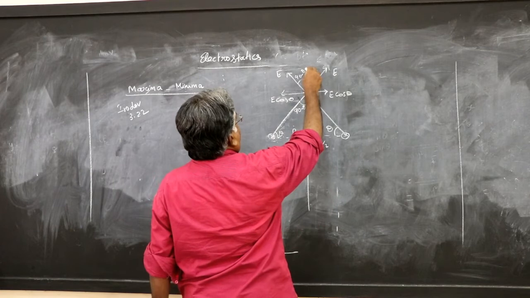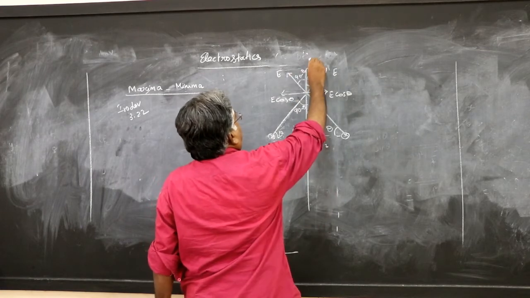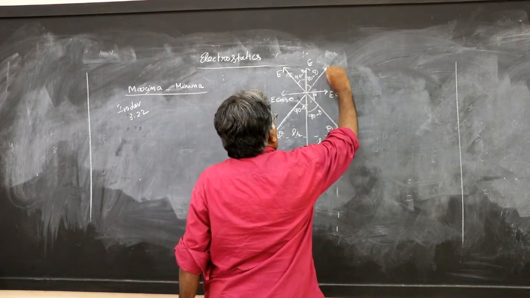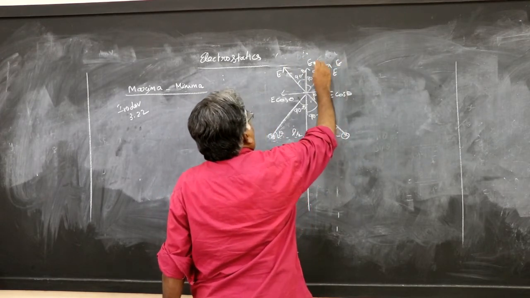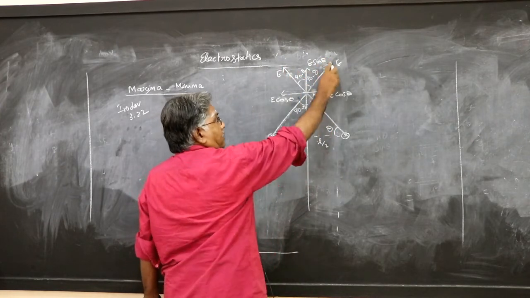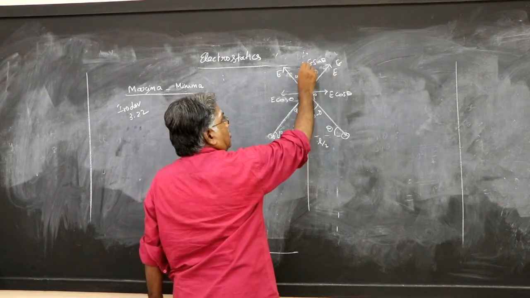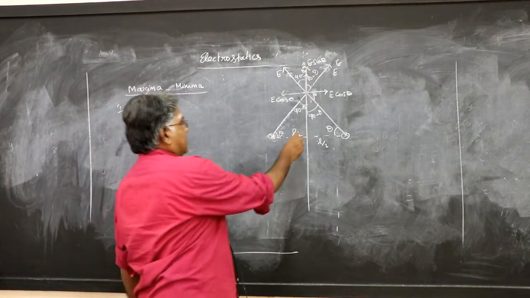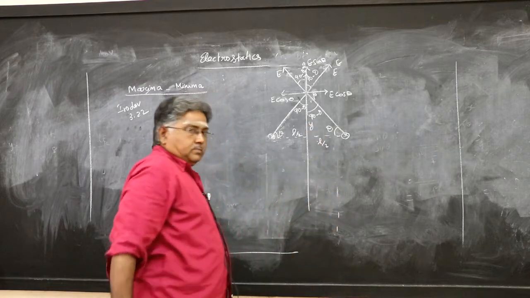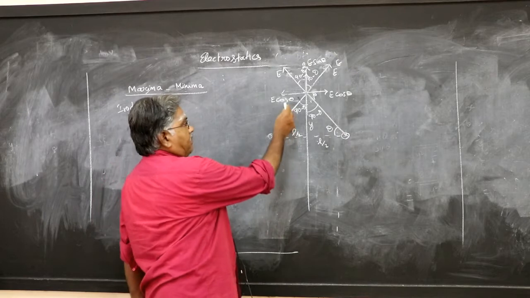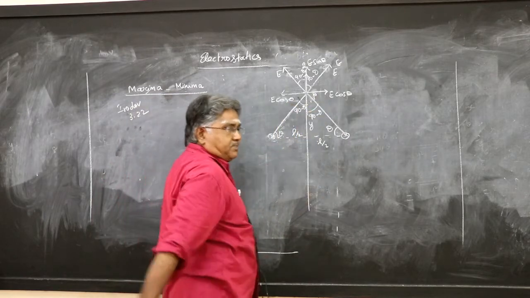Along this direction, E sin theta due to this plus E sin theta due to this. So 2E sin theta, where theta is this angle. You take this distance as say y. Therefore, the effective electric field, please note that these two will get cancelled.